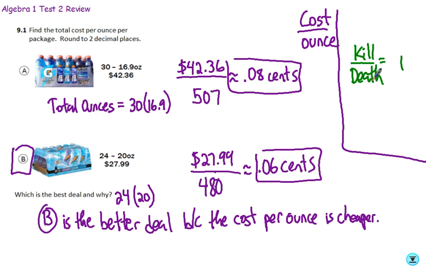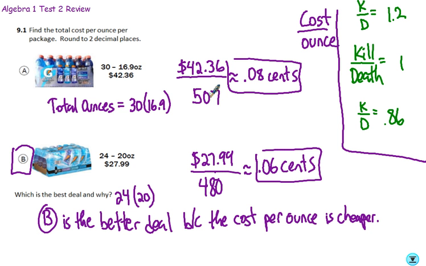But if your kill-death ratio is less than 1, let's say 0.86, then you have more deaths than kills. And if it's 1.2, you have more kills than deaths. That's the math that you do, and you don't even realize you do it. The kill-death ratio is exactly what we're doing here, but instead of kills and deaths, we're talking about dollars and ounces. It's the same idea.